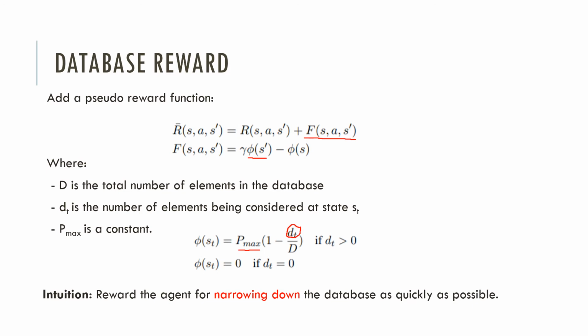Now, of course, we don't want our agent to consider no elements of the database because that will not help the user with his task. So if at any point dt is equal to 0, we're going to set the potential function itself to be 0. And the whole idea behind this is to reward the agent for narrowing down the database as quickly as possible. And we'll just add this on the end of the standard reward function.